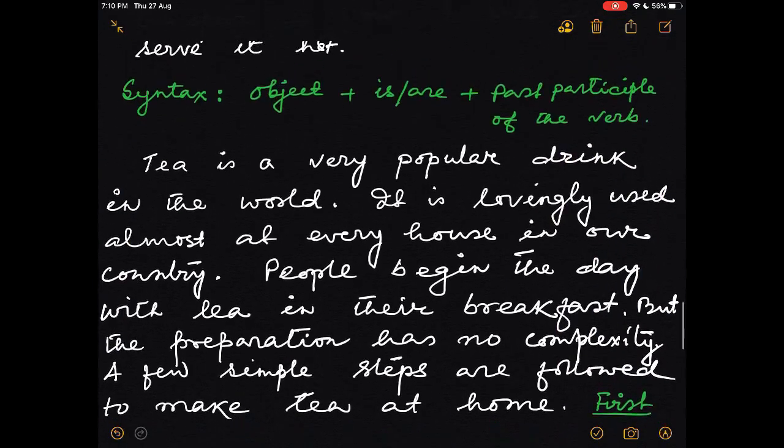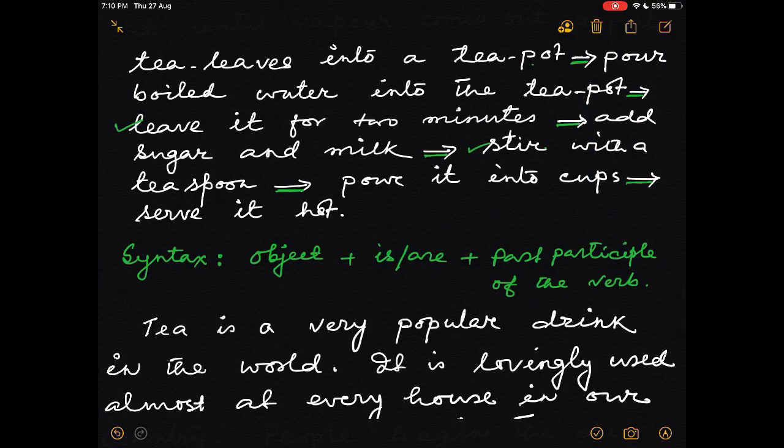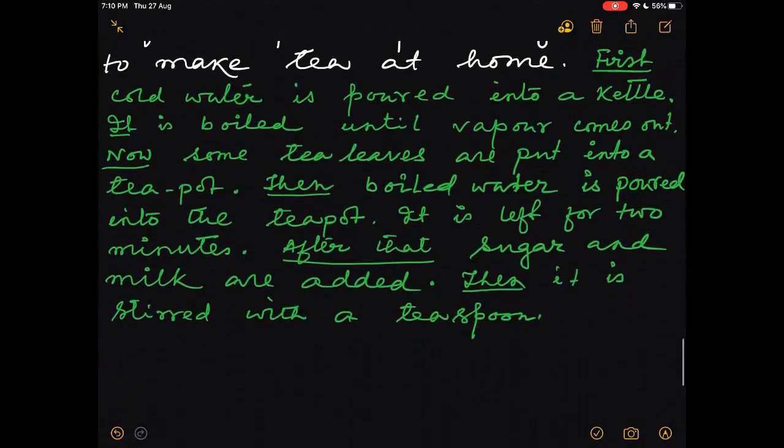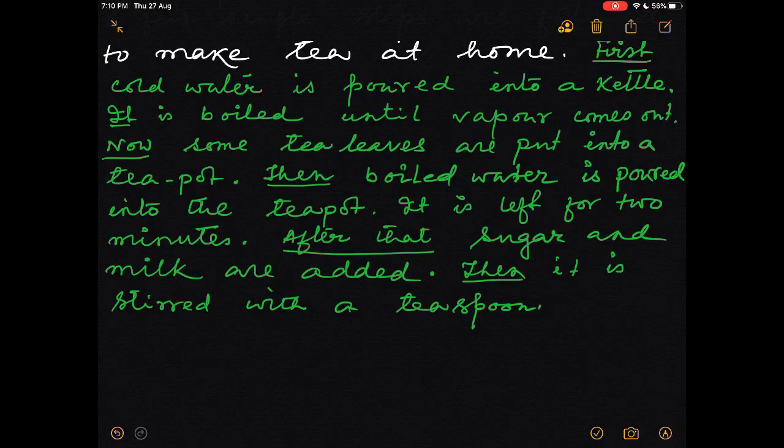Okay. Next point, pour it into cups. Pour it. Now it is poured. This is the object. It means the tea. Now it is poured into cups.